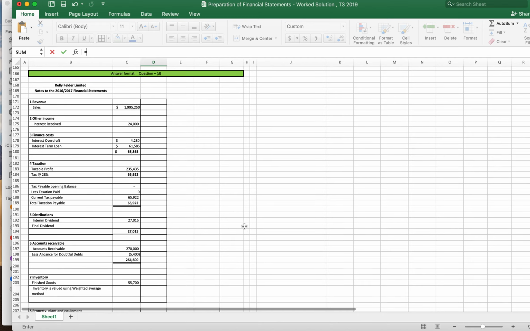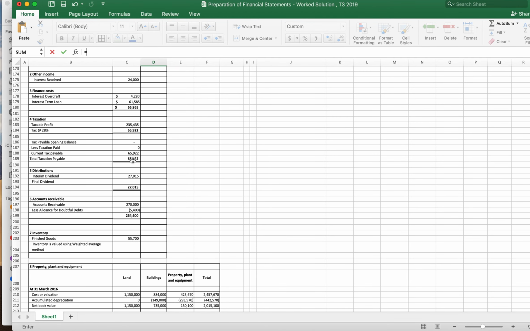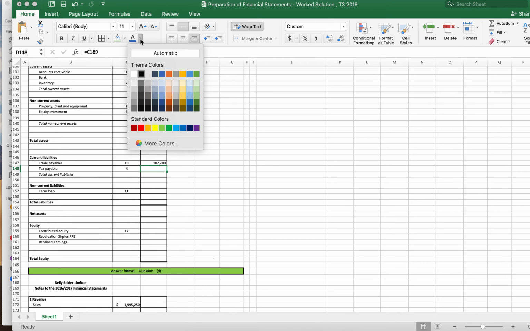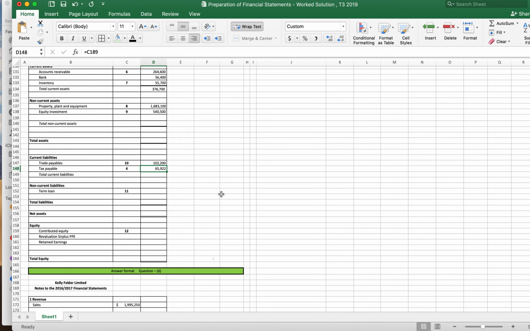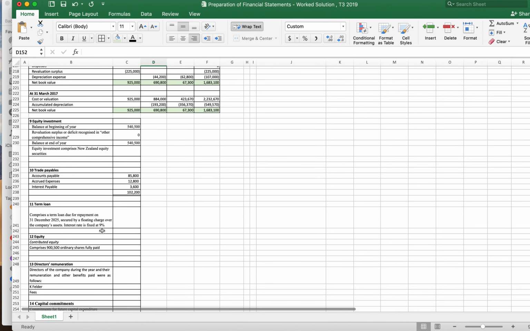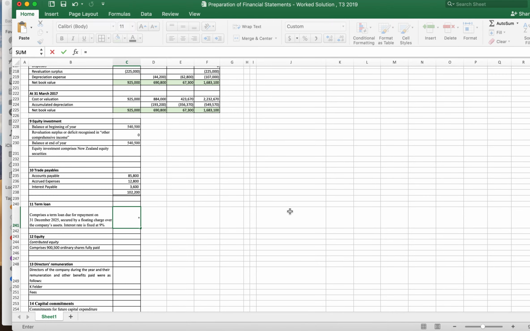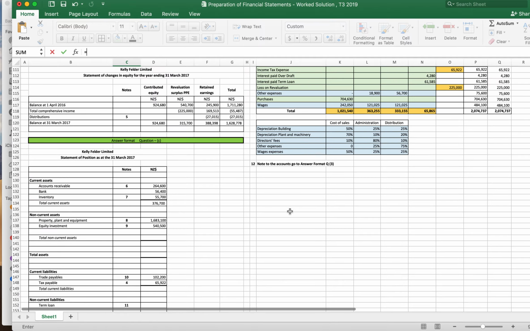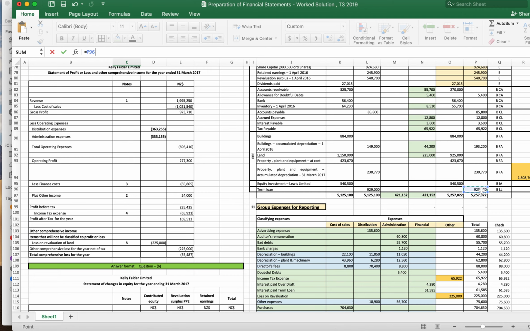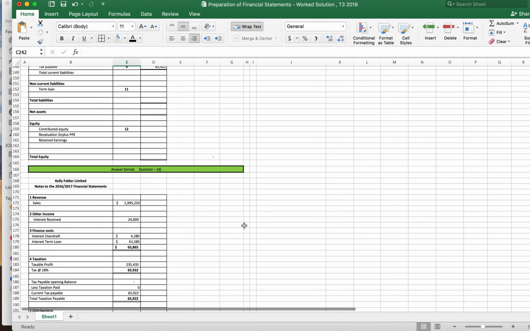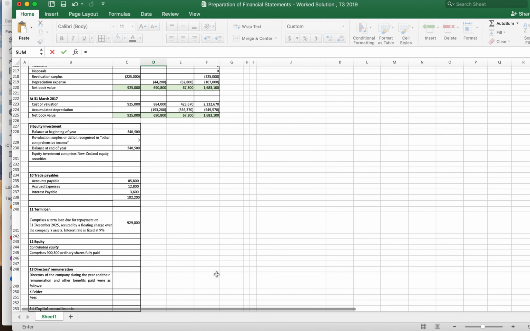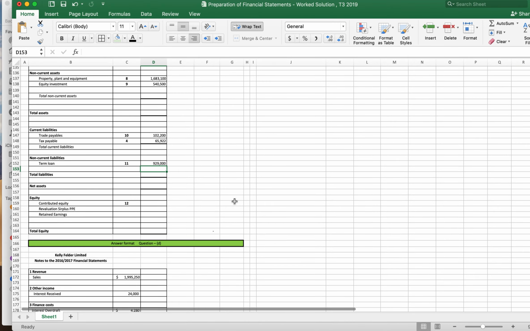Tax is tax payable, we've already worked it out, note 4, there it is. The term loan, there's a note for that, and that's where we put all the information they provided us about the term loan. The term loan is equal to that. We can pick that up from there again, equals the term loan.